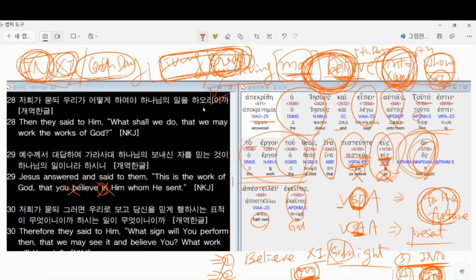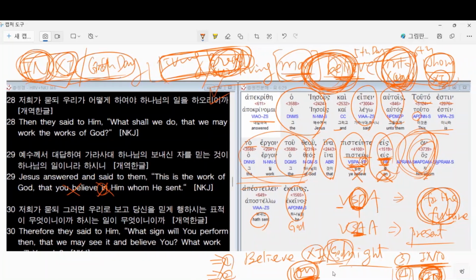So with that understanding, we studied Genesis chapter 1 verse 1 through verse 26 and 27. And then we were in the middle of Genesis chapter 1 verse 28, which is the sixth day. The sixth day is the day, like I said, to believe on Christos Jesus and God, and believe into Christos Jesus and God.